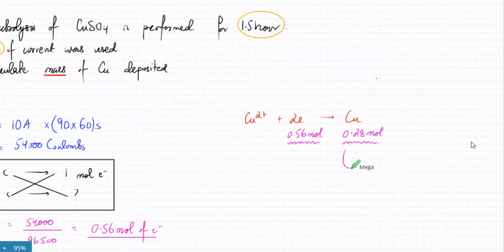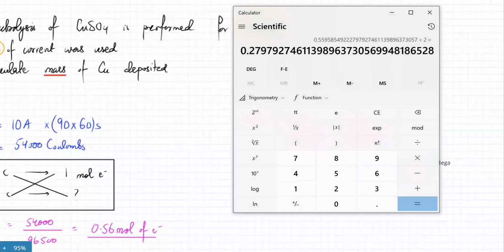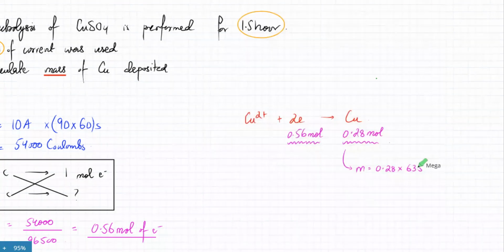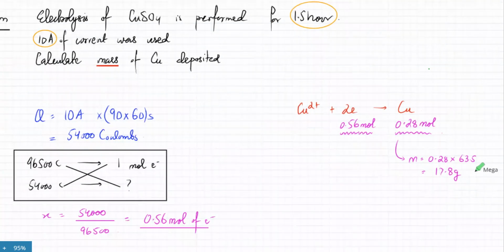Mass is moles multiplied by MR. Copper is probably 63.5, but you can check the data booklet. Multiplying 0.28 by 63.5, we get 17.8 grams to 3 significant figures. So that's your complete question.